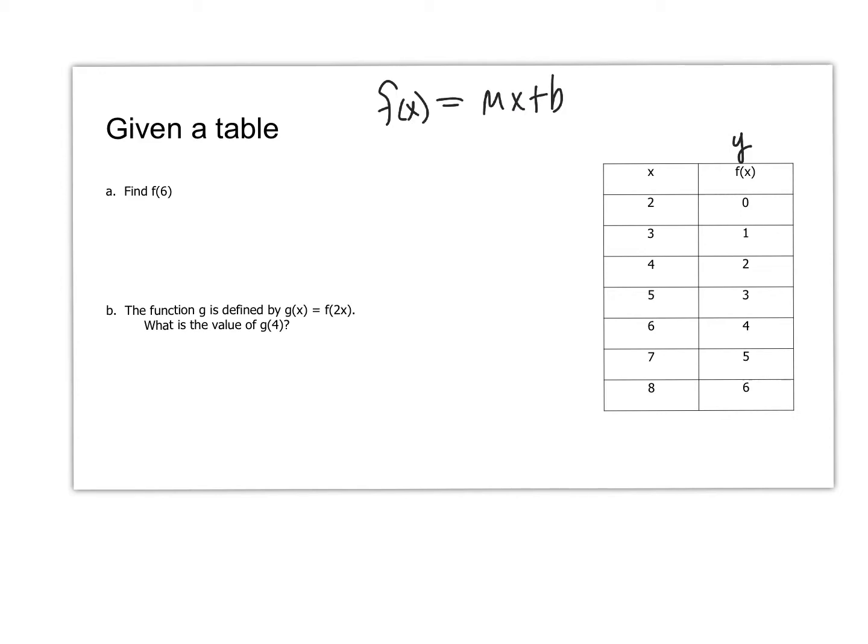Now the f, the letters of function notation, indicate which function to use. The letter indicates which function to use, and the number inside of the parentheses tells you what x is equal to.